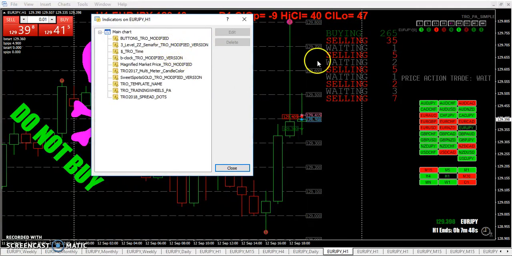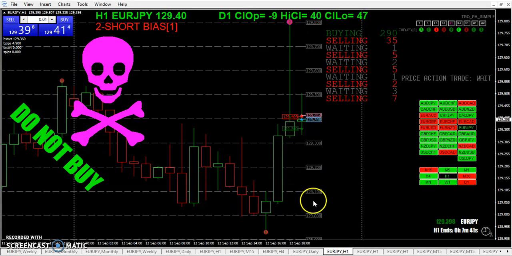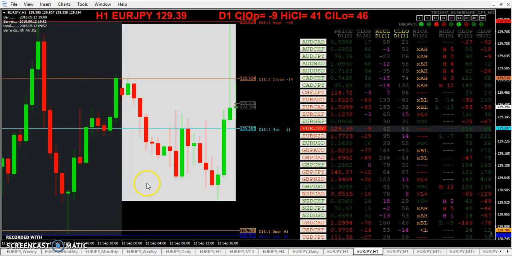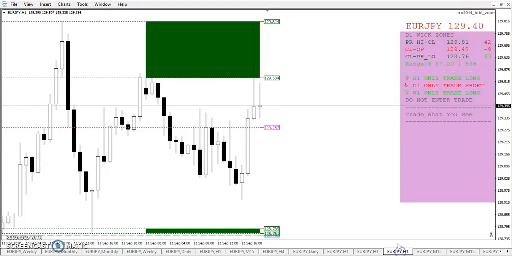And the sweet spots gold that I modified puts these lines out at however many pips you want them. I have it set for 10 pips. You can change it to 5 pips, whatever you want. Once again, using the previous day's lines and the candle color at the line, profit to be made.